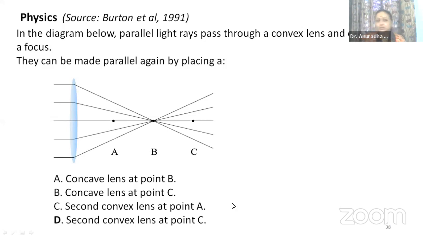The student has to know the principle of light. He has to understand the concept of a convex lens and a concave lens. He has to understand what is meant by focal point. He has to understand refraction. All these things are tested directly through a diagrammatic format and simple question like this.